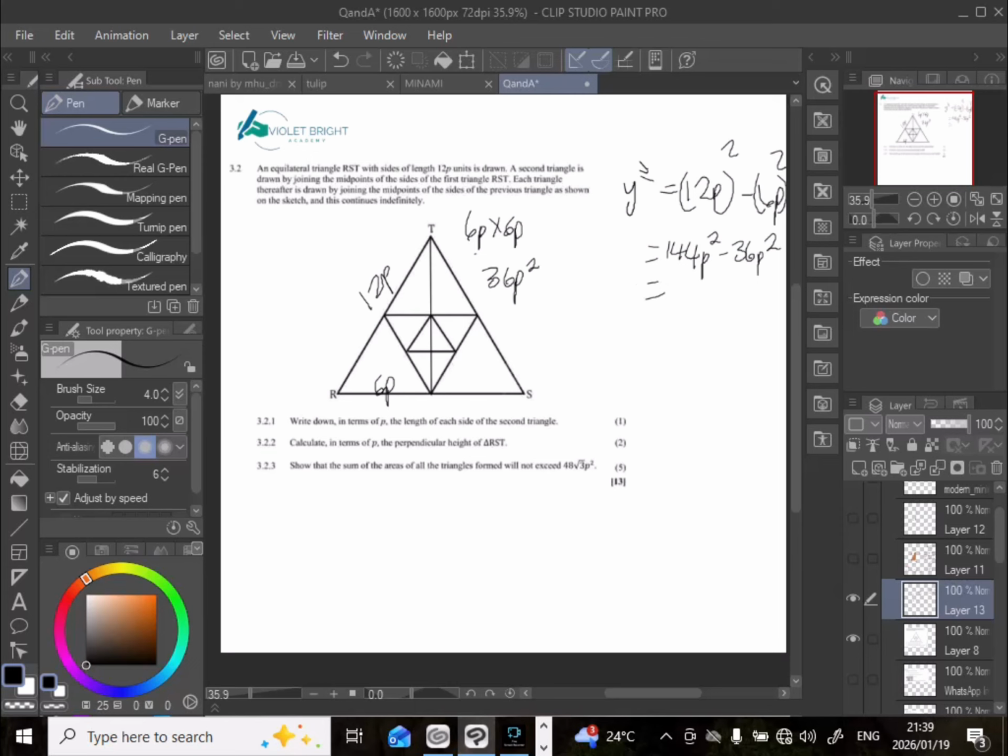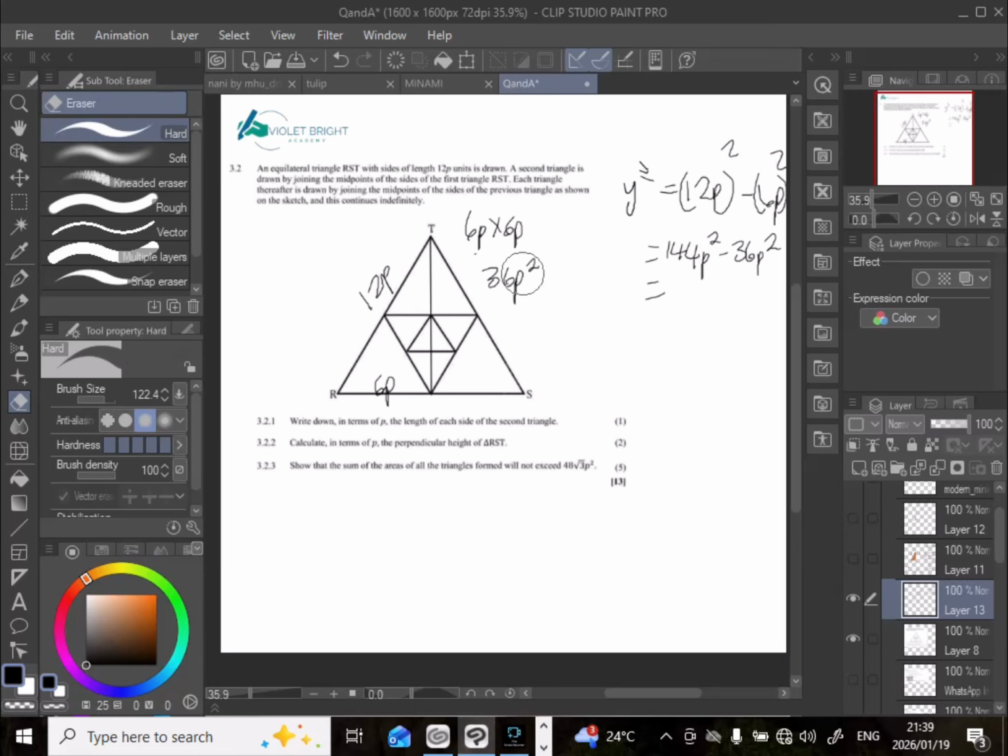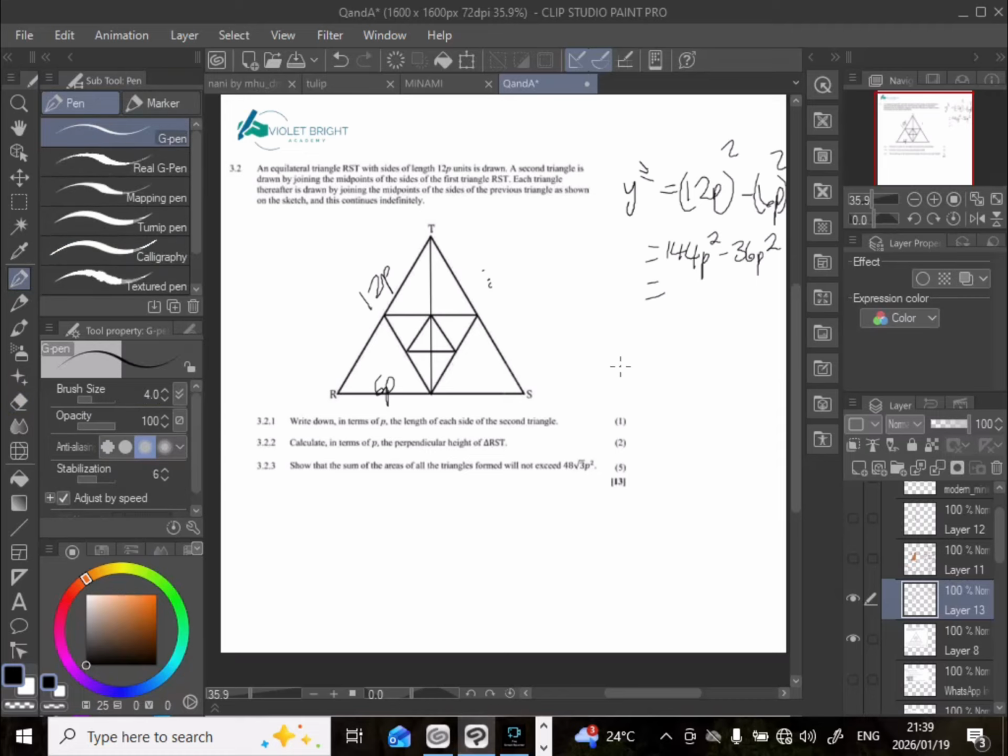So now 144 minus 36, let's count in the calculator very fast. 144 minus 36, the answer will be equal to 108p squared.